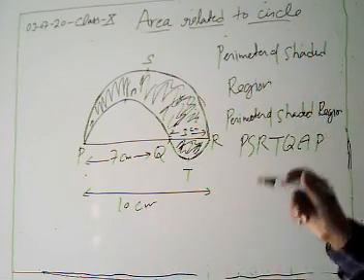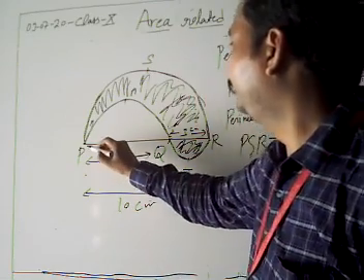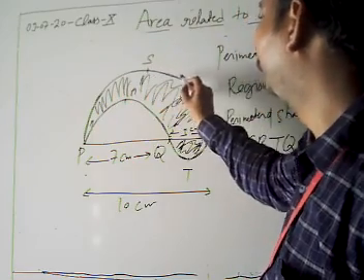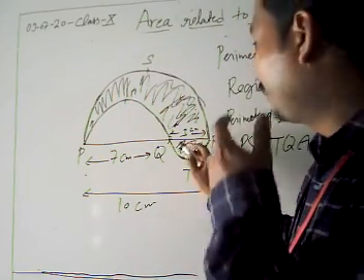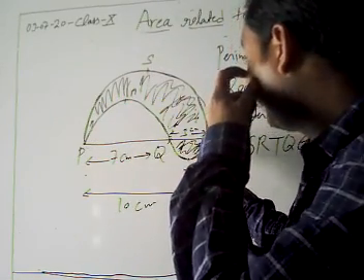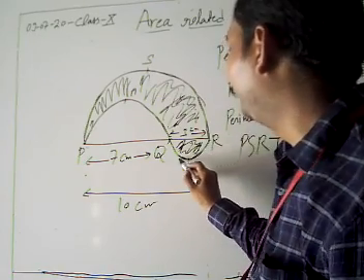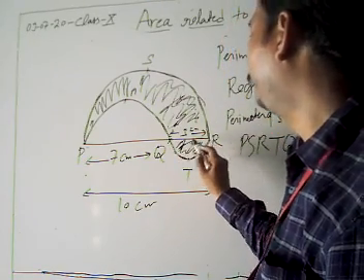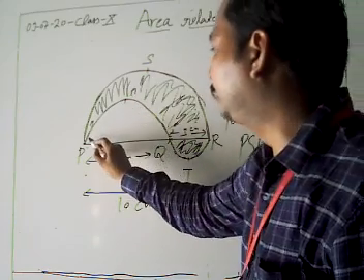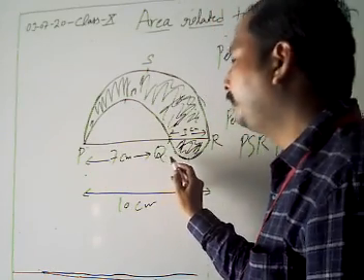Now, how can we get it? This is the circumference of the semicircle having diameter PR plus the semicircle having diameter RQ plus the semicircle having diameter PQ.